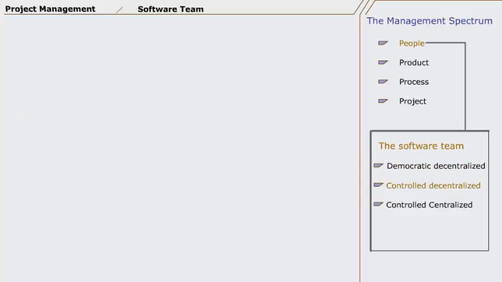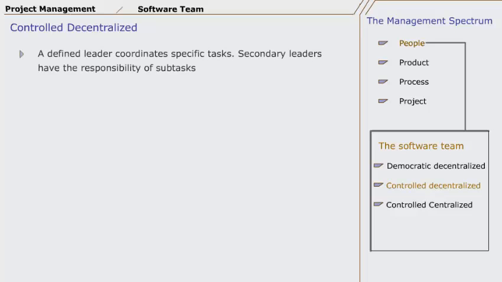Now we discuss the other type of team, that is controlled decentralized. This type of software engineering team has a defined leader and secondary leaders. The job of team leader is to coordinate specific tasks, and the secondary leaders are responsible for sub-tasks.